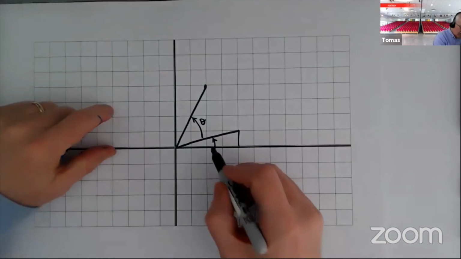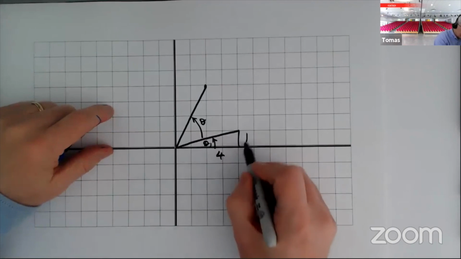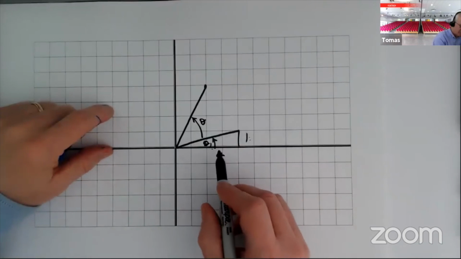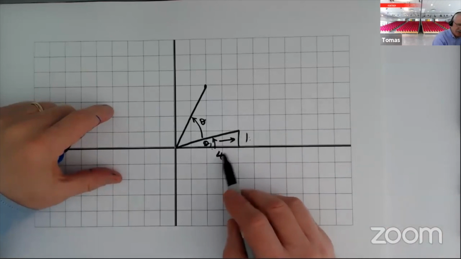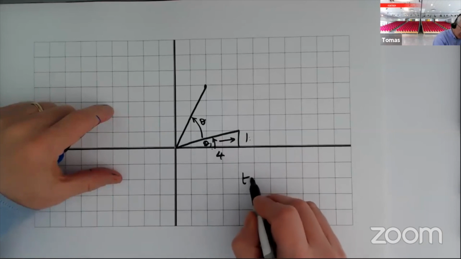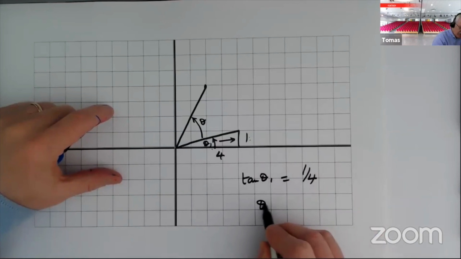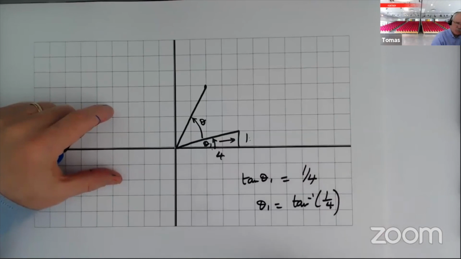Well, I can certainly get this angle here, theta 1, because if that's 4 and that's 1, I can find the tan of that, because tan is opposite over adjacent. Tan theta 1 is equal to 1 over 4. Theta 1 is inverse tan of 1 over 4.